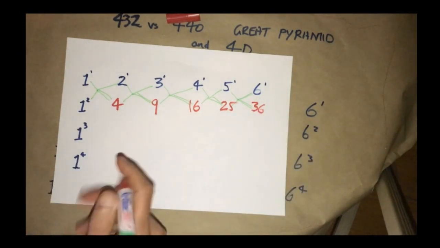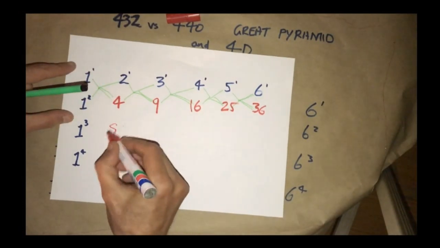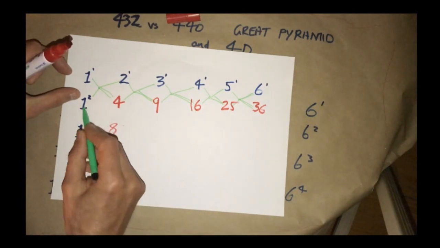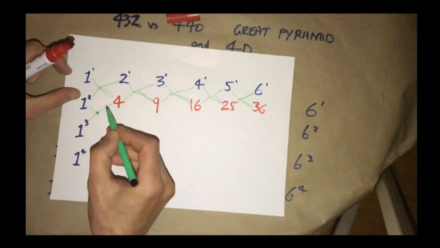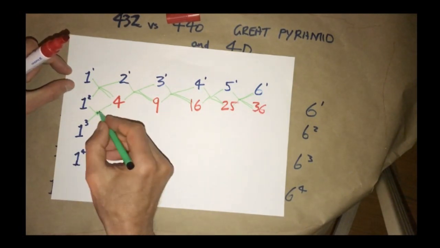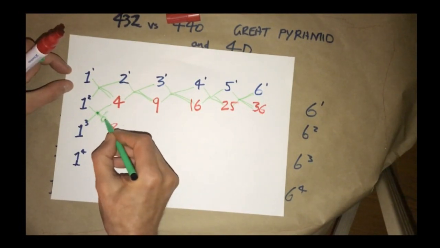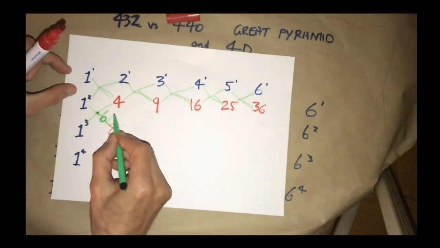Now 2 cubed would be 8. However, if we add 1 plus 1 plus 4, we don't get 8. We get 6. So what we have is a deficit of 2.